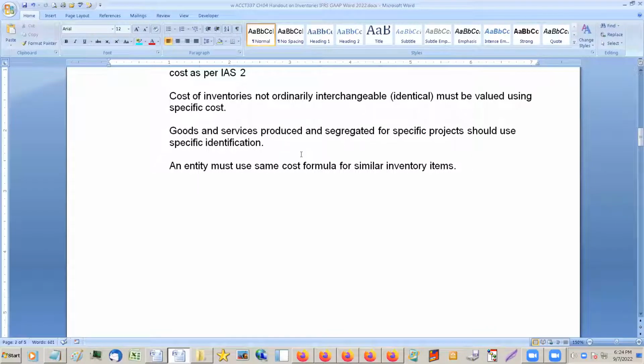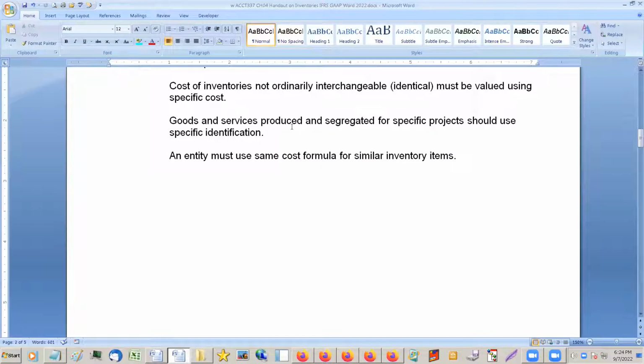Goods and services produced and segregated for specific projects should use specific identification. And an entity must use the same cost formula for similar inventories. This is different than GAAP.